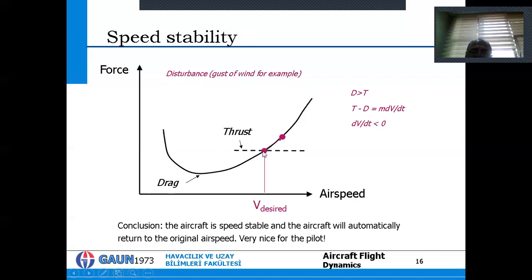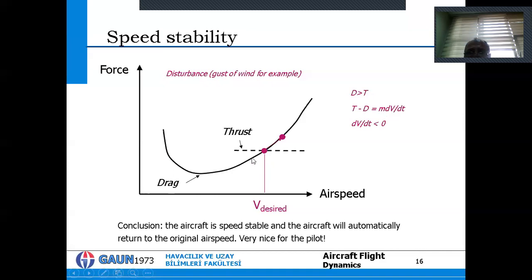Of course, I can assume another scenario. Instead of increased, let's assume the speed is decreased. Of course, when decreased here, the drag in this case is less than thrust, and thrust is bigger than drag, so this one is positive, and here we have positive acceleration.